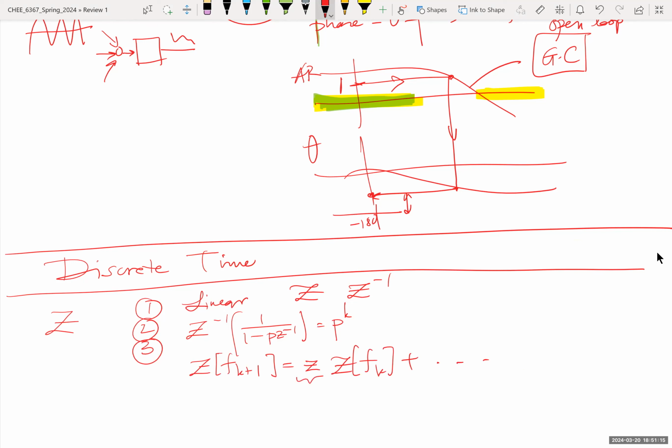But the main thing is you have plus 1 and you have Z to the plus 1. It's as simple as that. The rest is covered in the table on page 23, as I said.